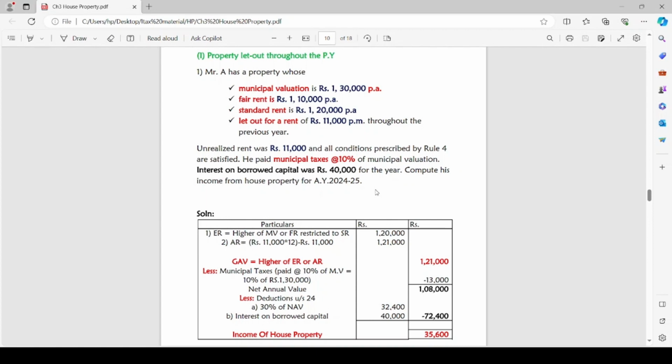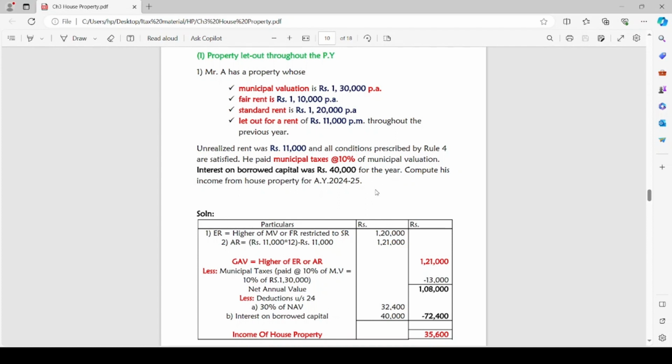We choose the higher value between these two, that is rupees 1,30,000 per annum. The standard rent is rupees 1,20,000 per annum. Comparing rupees 1,30,000 to 1,20,000, the lower one is the standard rent, rupees 1,20,000 per annum, which is our expected rent in this case.